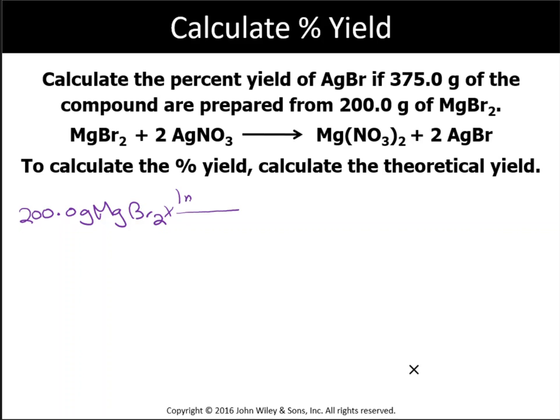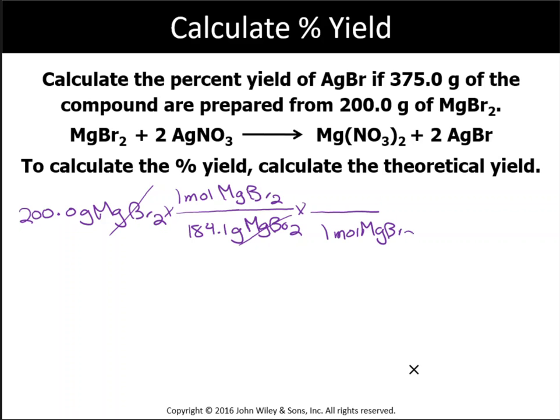So we convert this to moles first. Each mole of magnesium bromide is 184.1 grams. Then based on the balanced reaction, each mole of magnesium bromide produces 2 moles of silver bromide.